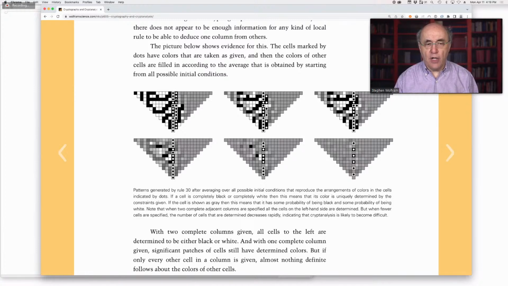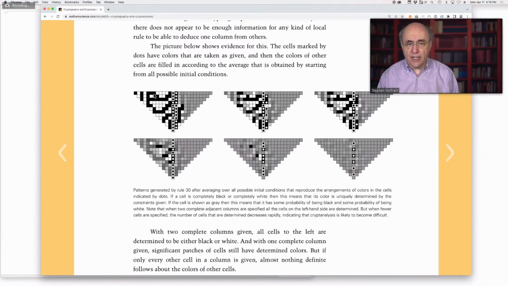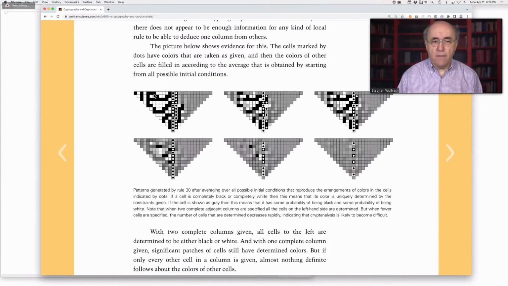If you have two adjacent cells in the center column, then you can indeed, and it's a pretty definite deterministic procedure, invert it and find out what the left-hand side was. But if you're given only the pure center column and nothing else, you will not be able to do that inversion. And you can see here the extent to which that's even statistically impossible to do.